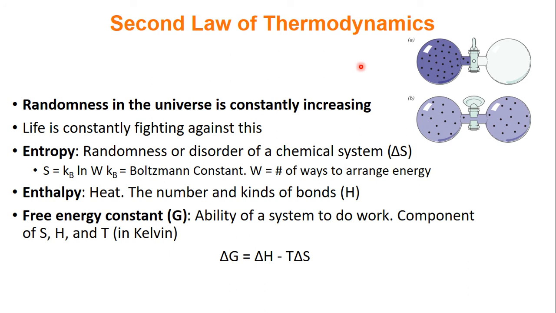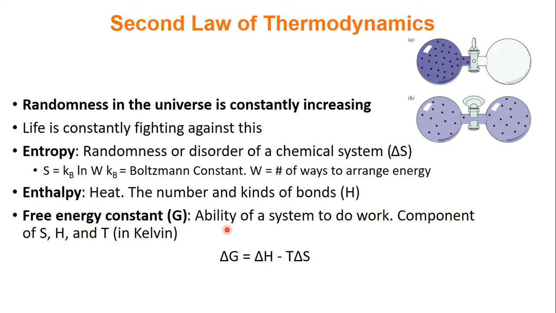Enthalpy is heat. And really, when it comes to chemistry, we generally think of enthalpy as the types and kinds of bonds you have. And free energy, which we use to determine if something is spontaneous or not, we call that G. It's another way to say the ability to do work.